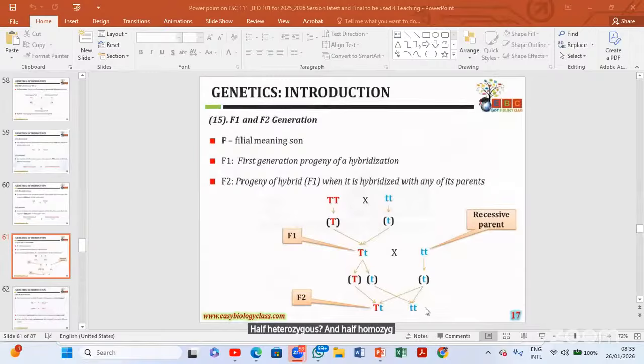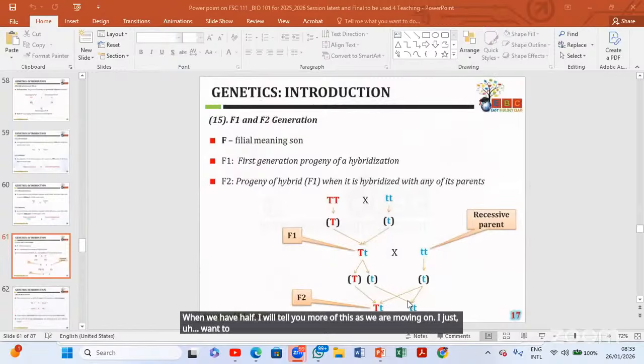You know, the homozygous here will be recessive. So if we have such a thing, that tells us the zygosity of this parent is homo. When we have half-half, I will tell you more of this as we are moving on. I just want to fast forward it because it's still part of what we are going to see.